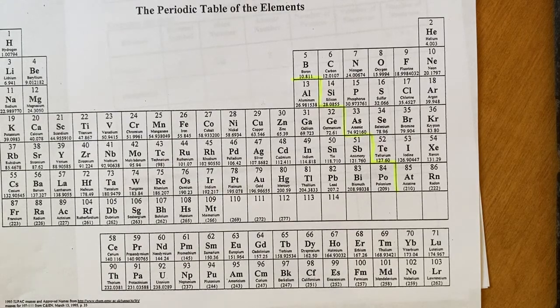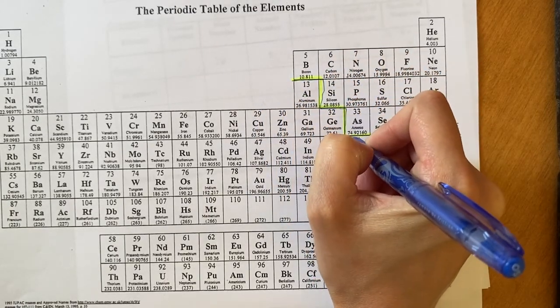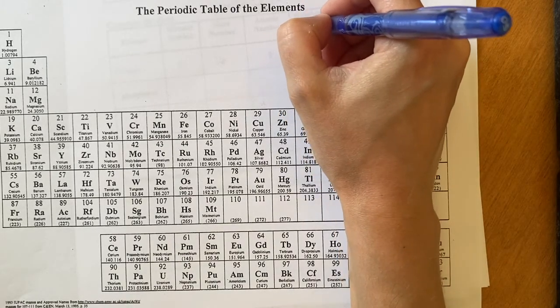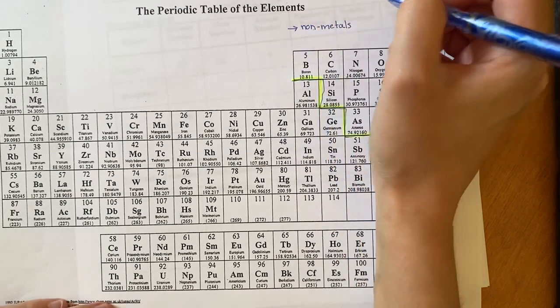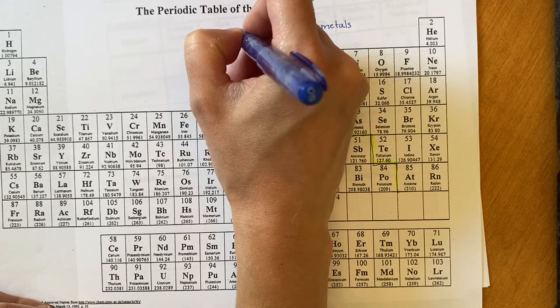Hopefully you can see that highlighted line there. But basically this divide is the line between this side is the non-metals and this side are all the metals.